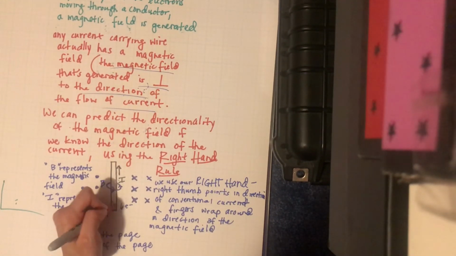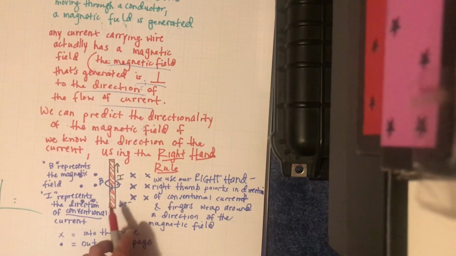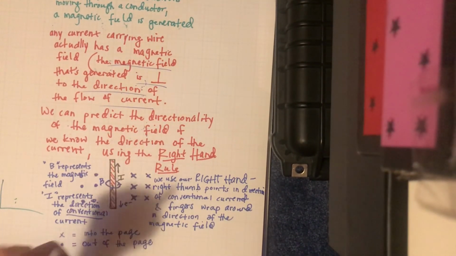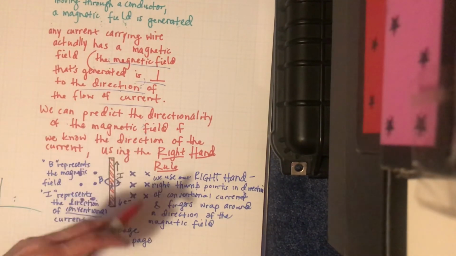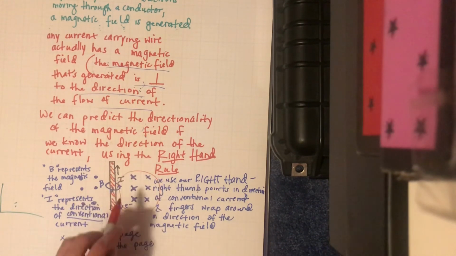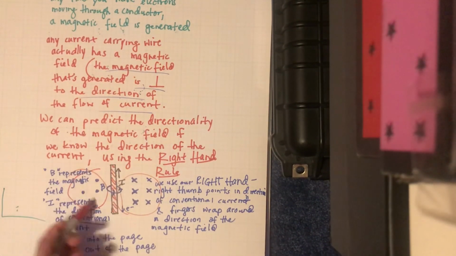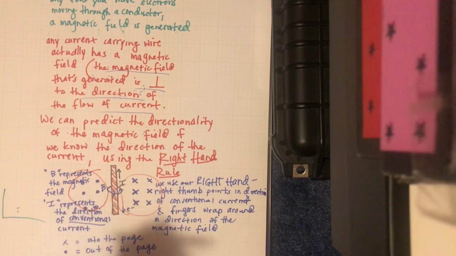So here's our current carrying wire. And because there's current running through it, it's generating a magnetic field perpendicular to that, as is depicted by the X's of the field going into the page and the dots, which represent the magnetic field coming out of the page.